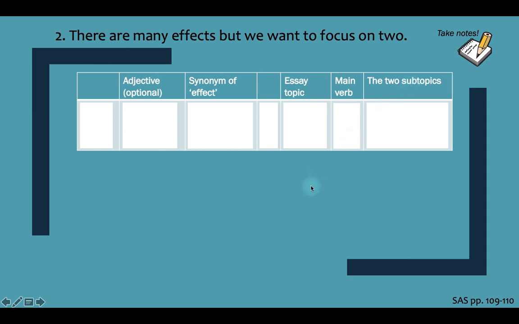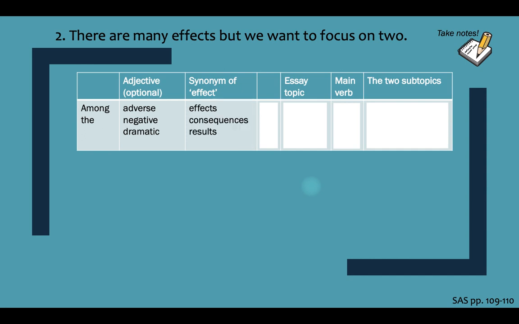So let's look at the sentence. Among the adverse, negative, dramatic effects, can you predict what will come next? Now that we have this beginning, you should have some feeling for what will come next.